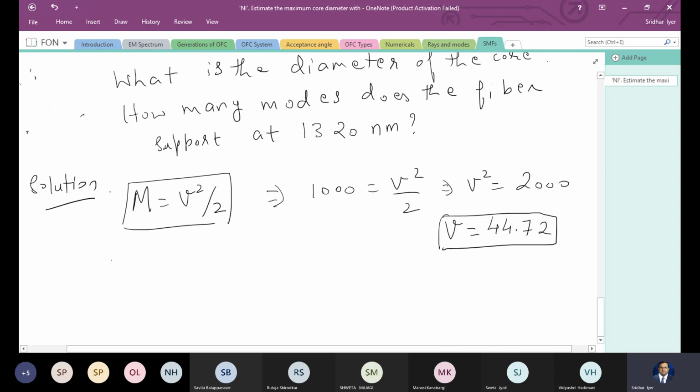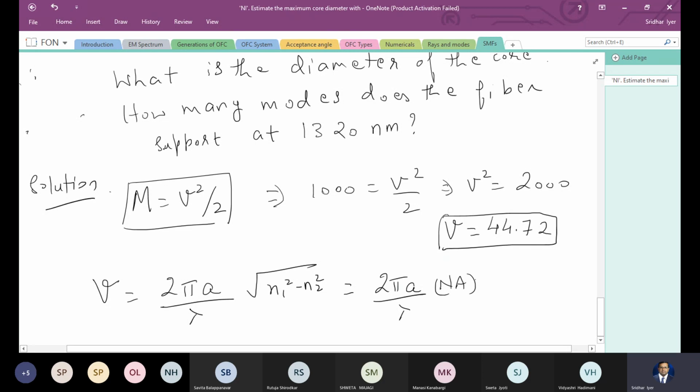For this, we will have to use the equation of the V number, and the V number equation is 2 pi a divided by lambda root of n1 square minus n2 square, or the other equation is 2 pi a divided by lambda root of n1 square minus n2 square, which is nothing but NA, or there is a third equation which can be used, which is 2 pi a by lambda into n1 root 2 delta. So these are the three equations which can be used to find the V number.